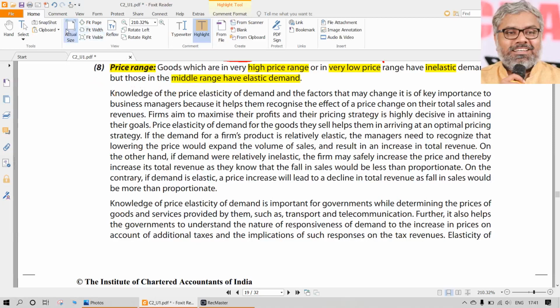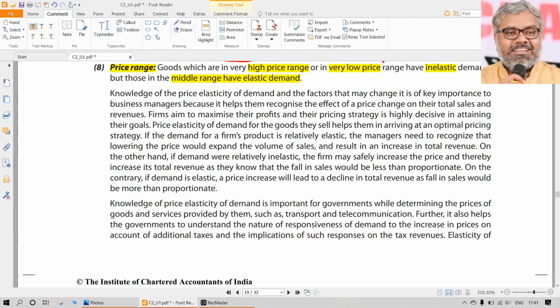That is where the consumer goods segment, whether fast moving consumer goods or normal consumer goods, either way, the consumer goods segment in the middle range will have highly elastic demand.